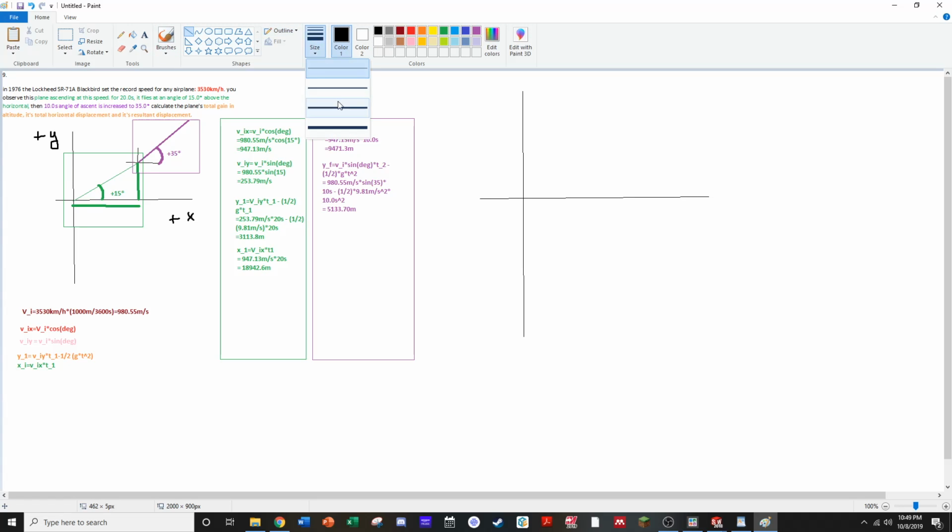And now I'm going to draw a triangle. Okay? I think that's about perfect. Oopsie. Well, that's not perfect now. Okay, that's close enough. So we are trying to figure out what this x value is and this y value is, so we can figure out what our total displacement of h is.